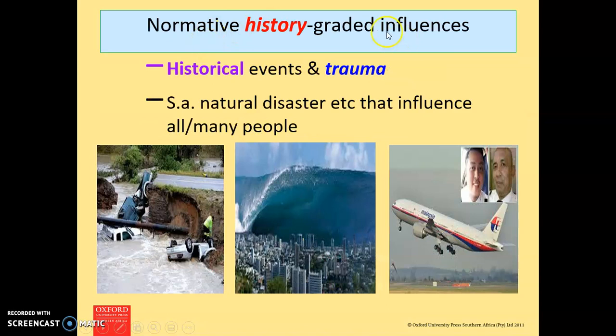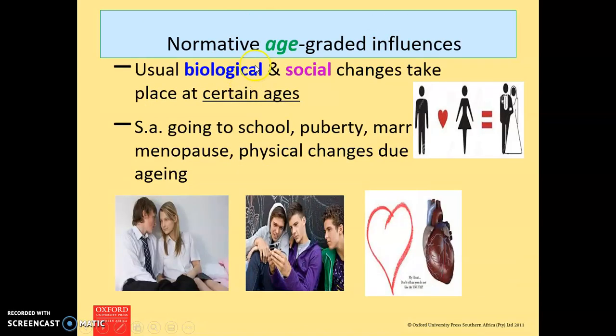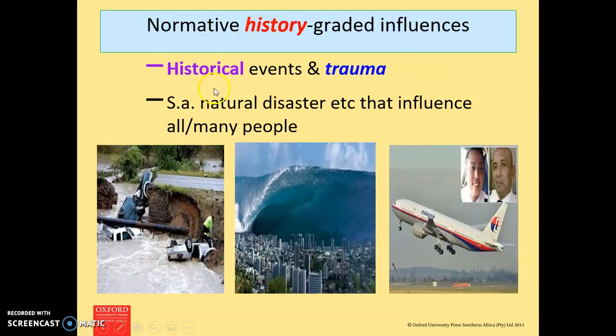Normative history is different from normative age. Normative age happens at a certain age. Normative history happens because of historical events and trauma. That's why it says history, because it happens due to historical events or trauma.